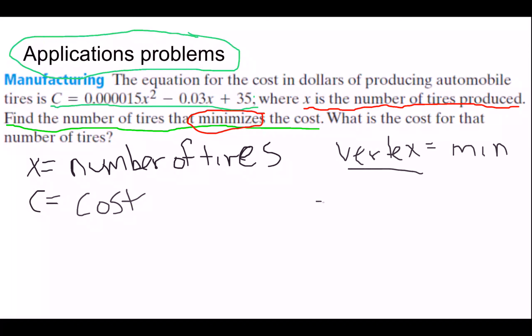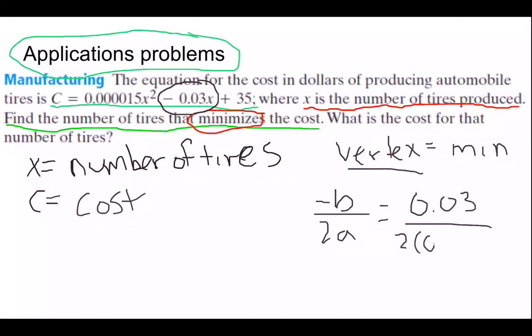Well, we know how to find the vertex. The vertex is just negative b over 2a. And in this case, that would be the opposite of negative 0.03, so that would be a positive 0.03 over 2 times 0.000015.